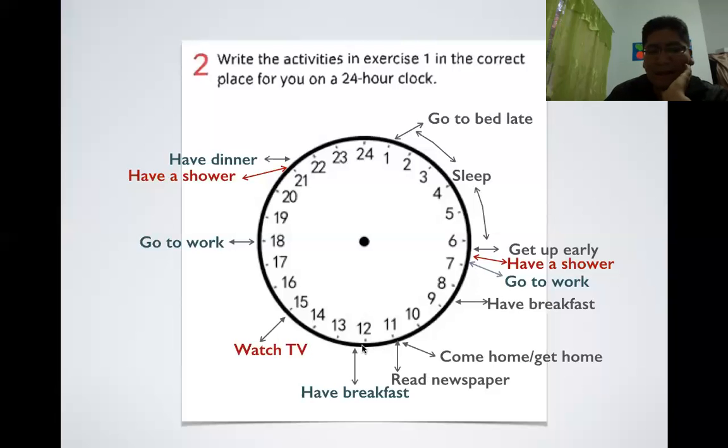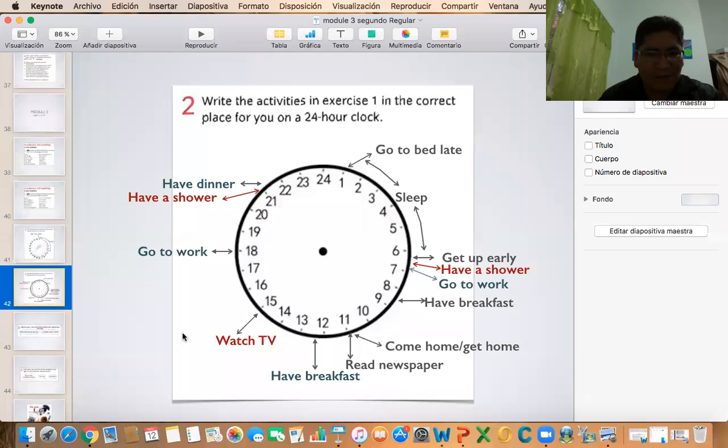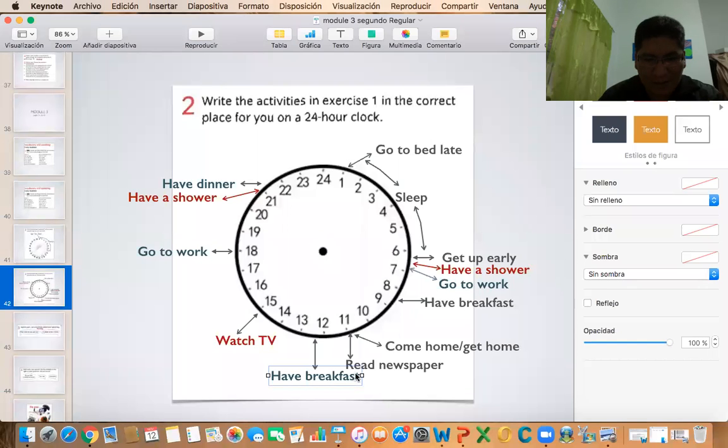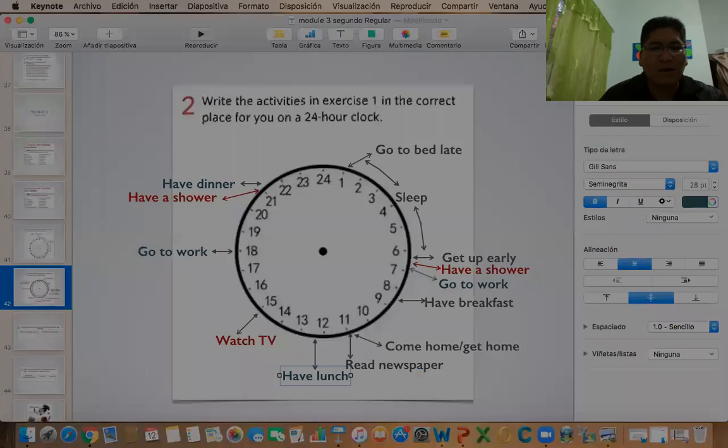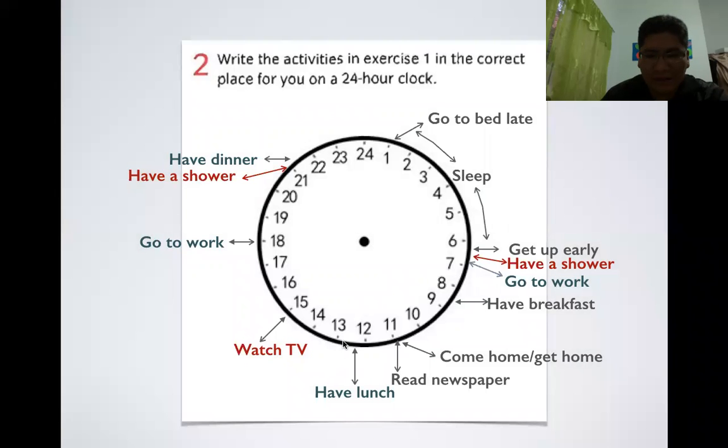And then at 12:30, I have, oh, sorry, I have lunch. This is lunch, sorry. Okay, we can correct this. Okay, I have lunch at 12:30.